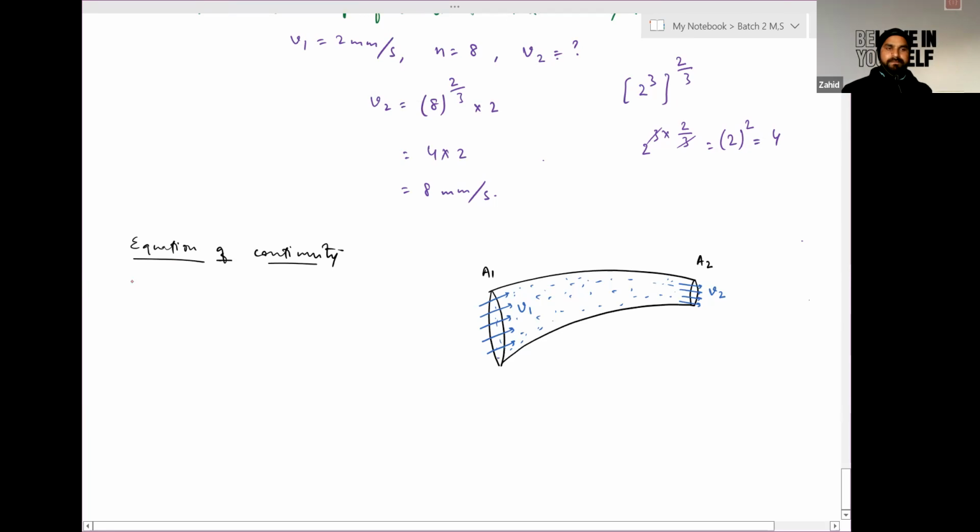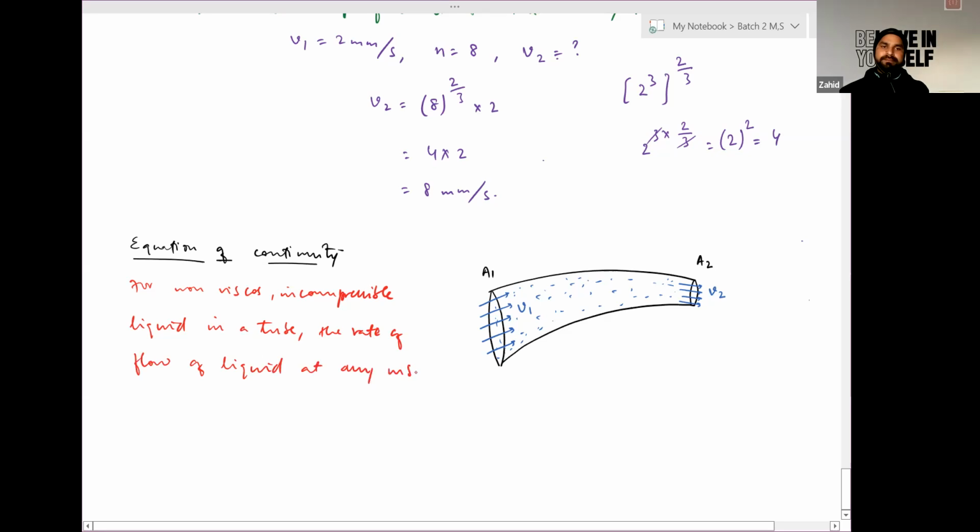So it states: for non-viscous, incompressible liquid in a tube, the rate of flow of liquid at any instant will be constant.